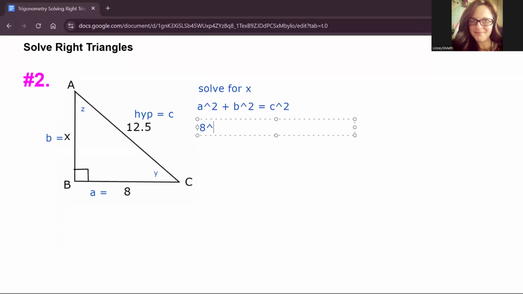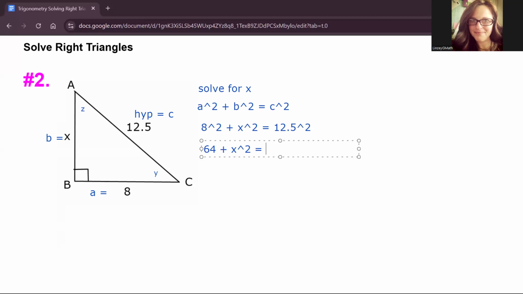We get 8 squared plus x squared is equal to 12.5 all squared. 8 squared is 64, and 12.5 squared is 156.25. And we'll subtract 64.